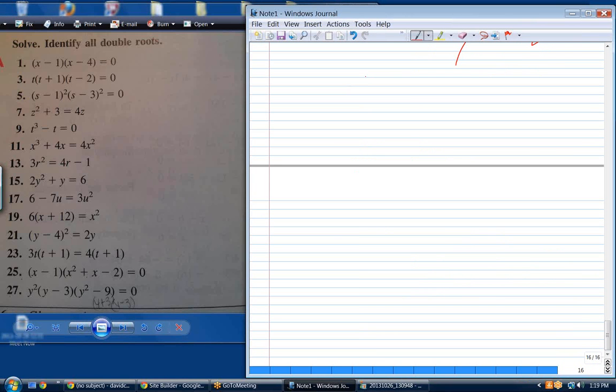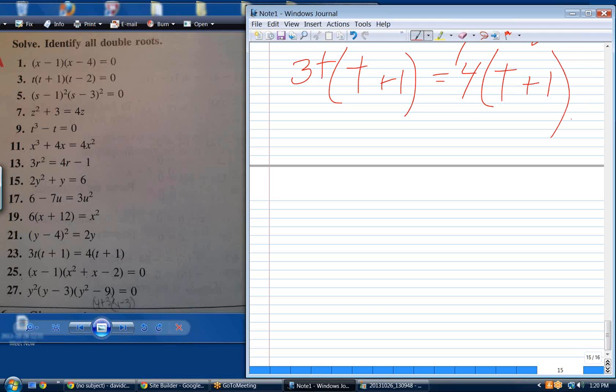Okay. 23. We have 3t times t plus 1. Boy, they just can't get away from using t as a variable, can they? I know, it's really annoying. It's almost as bad as when they used g and q in the same equation.